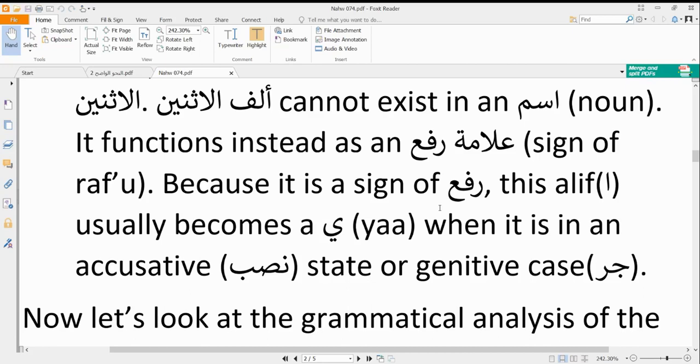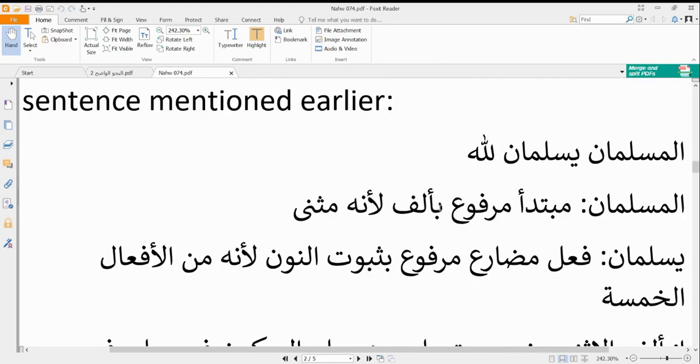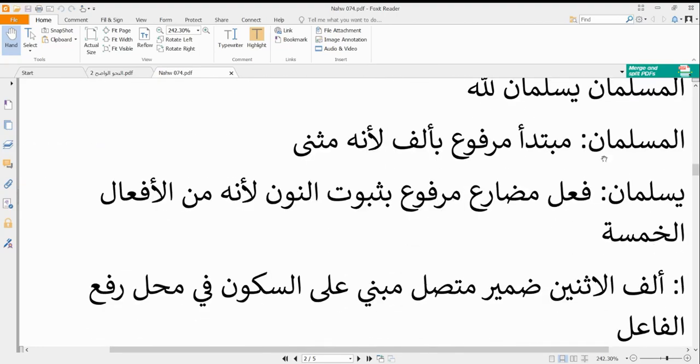So that is the important distinction. Let's quickly do the i'rab of our example sentence. Al-muslimani yuslimani lillah. How do we do the i'rab of this sentence? We say al-muslimani mubtada'un marfu'un bi alif li'annahu muthanna. Mubtada, it is a beginner, a word that begins a sentence, a jumlatul ismiya.